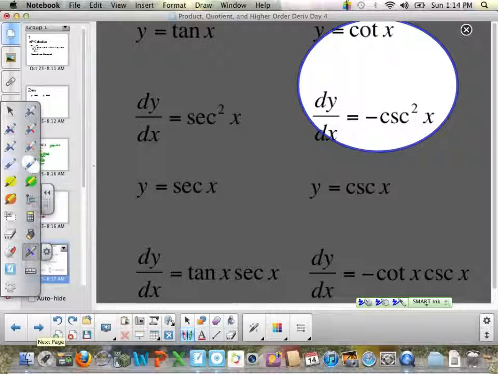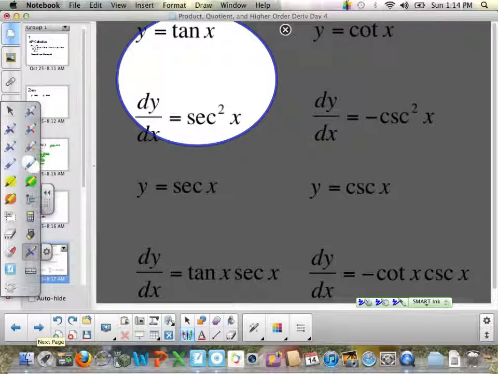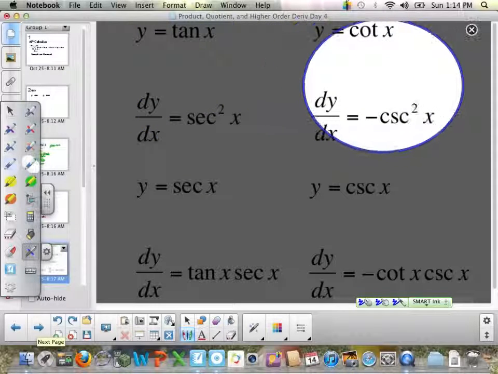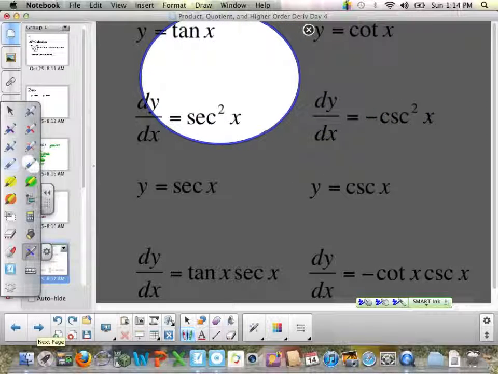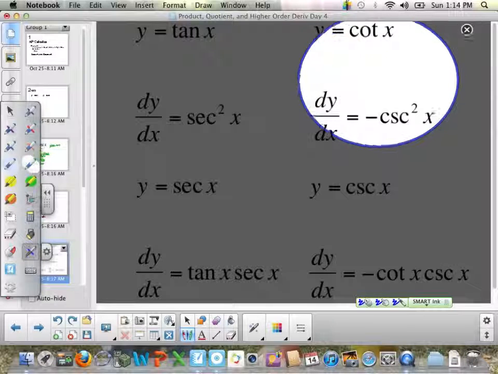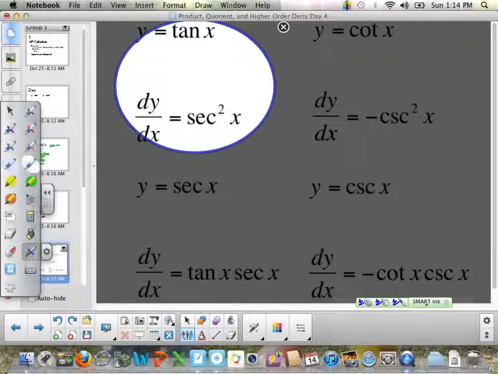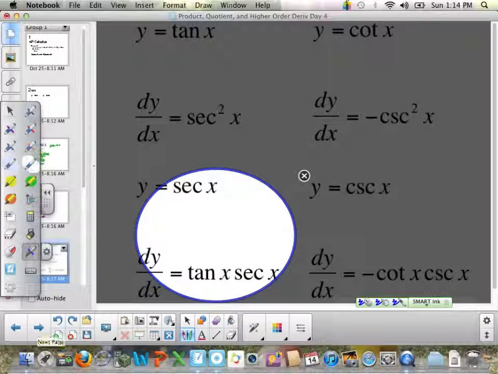And again, I would like to draw the attention to we got tangent is positive, cotangent is negative. Tangent is secant, cotangent is negative cosecant. And squared on both of those. Coming down to secant, the derivative is tangent x, secant x. I wrote it as secant x, tangent x on the last page. It's commutative, so you can do it either way.